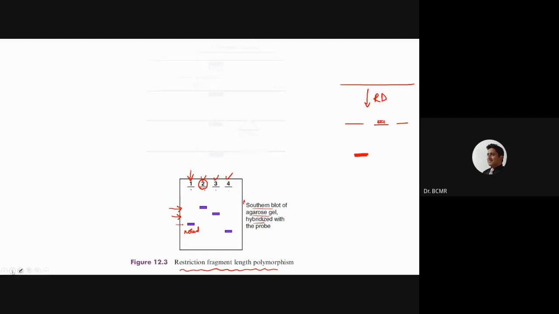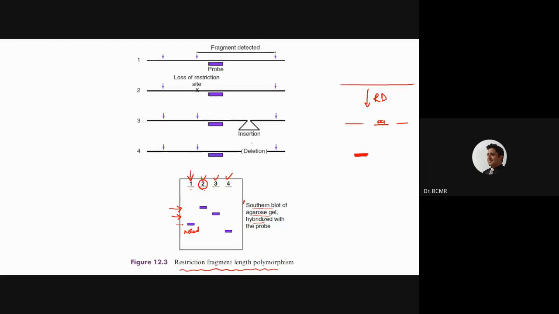Okay. So the reason could be something like this. Here is 1. This is the fragment detected because the probe is homologous to that region. In 2 and 3, they both are giving larger size fragments, and there could be 2 reasons at least. In one of the cases, it could be a loss of restriction site.